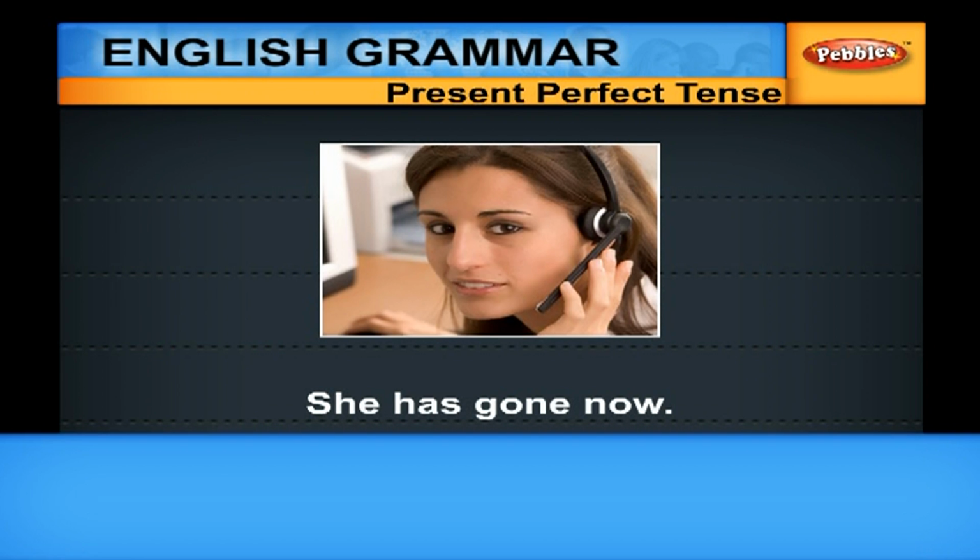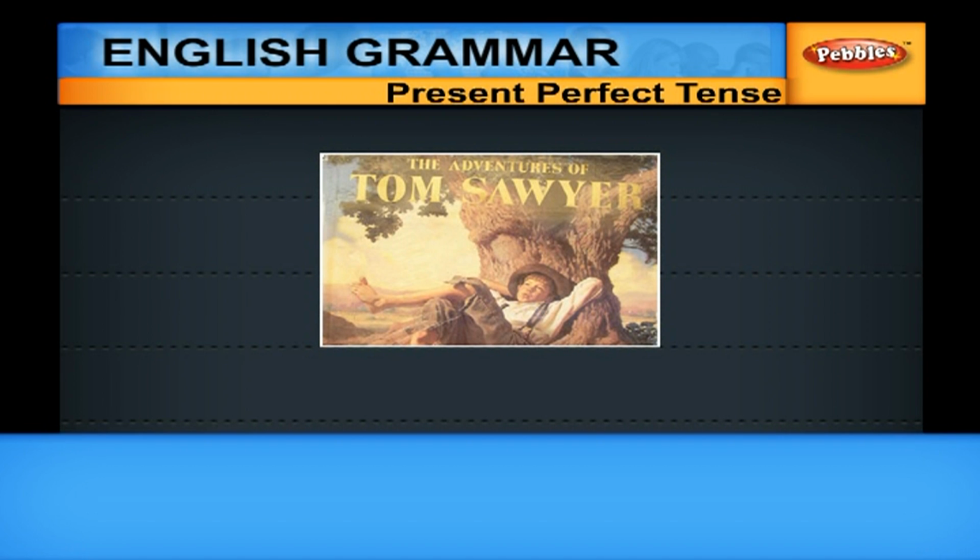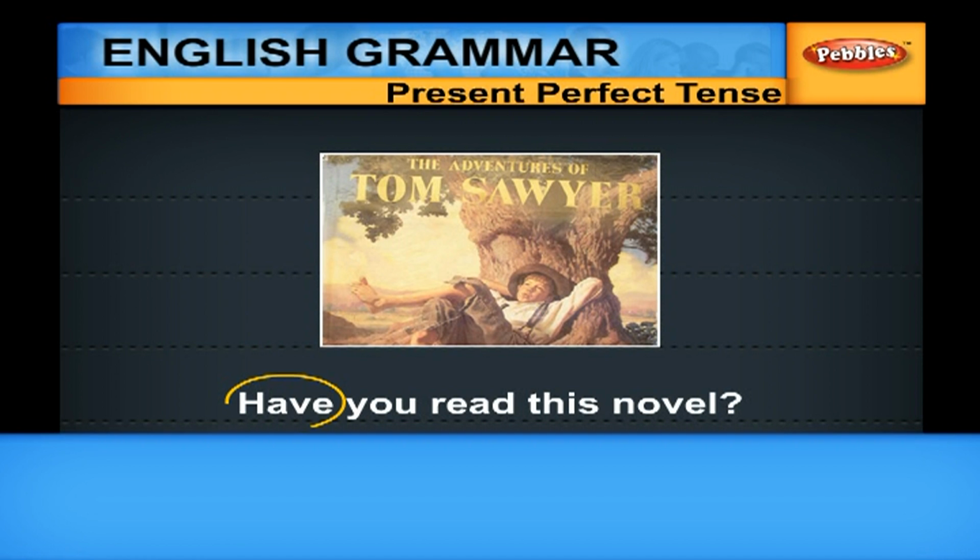We can also use present perfect to refer to a past action that took place at some time in the past, but the focus is not on the action but on its effect in the present. The past action has to be relevant today. While you're using present perfect, you should not mention the time. Have you read this novel? Present perfect tense, because you have the helping verb have and the past participle of read is read.